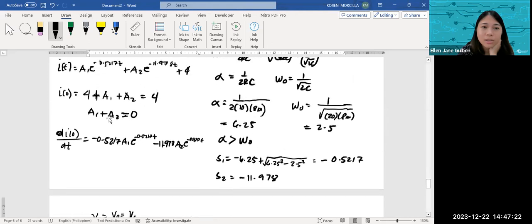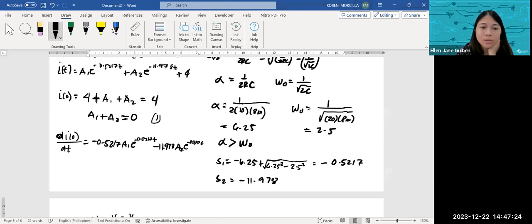And then this one is our first equation.